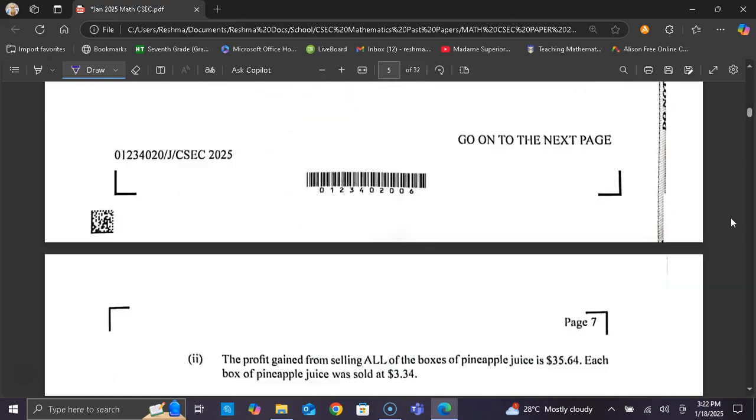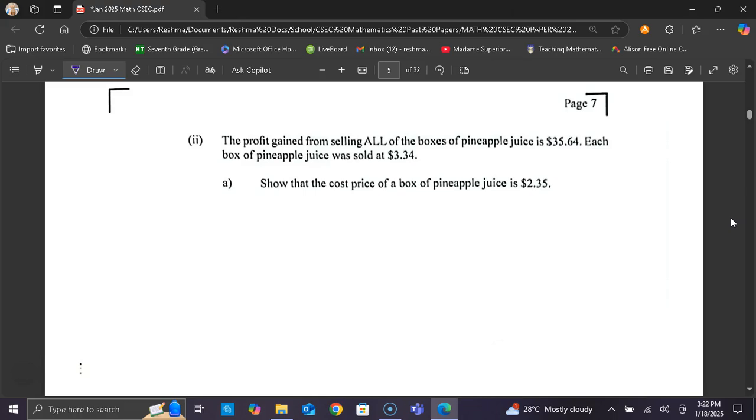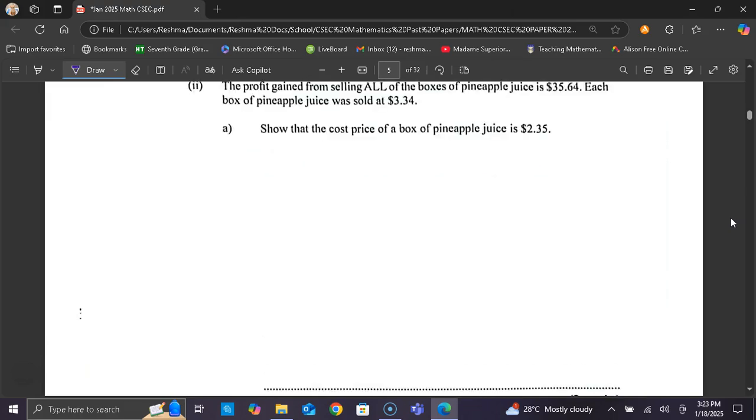So let's go on to part 2, and this is where the error cropped up. So the profit gained from selling all of the boxes of pineapple juice is $35.64. Each box of pineapple juice was sold at $3.34. Show that the cost price of a box of pineapple juice is $2.35, and this is worth 3 marks.